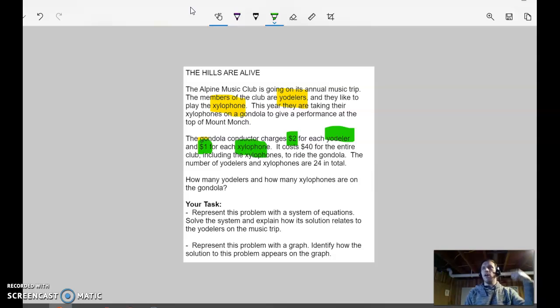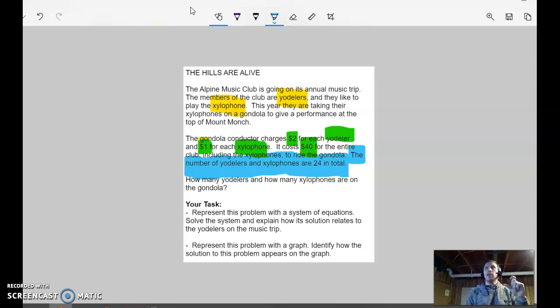Okay, so there's a cost involved. It costs $40 for the entire club, right? $40 total. So we know a total is $40. And that's really important to think through, those totals. The number of yodelers and xylophones is 24 in total.